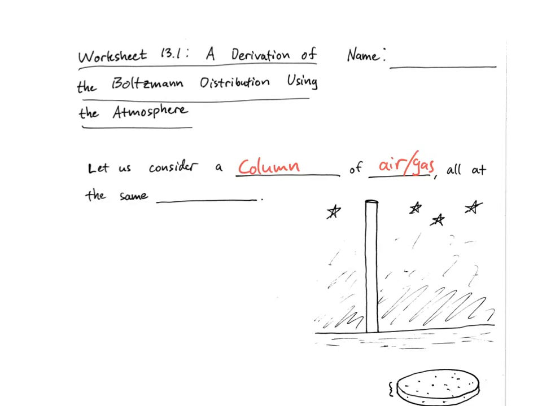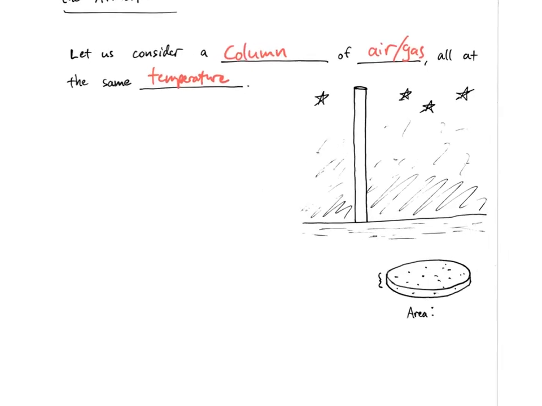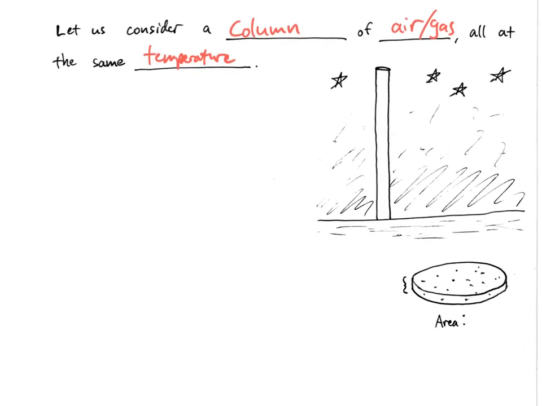And all of the gas inside this column is the same temperature. So therefore, all of the gas particles inside there will have the same average kinetic energy. All right, and that's what I've got depicted over here in this little figure. I've got a landscape down here, and then I've got a very tall column that goes from the area of the atmosphere that's thick and dense at sea level, and then extends up into space where I've drawn these stars.